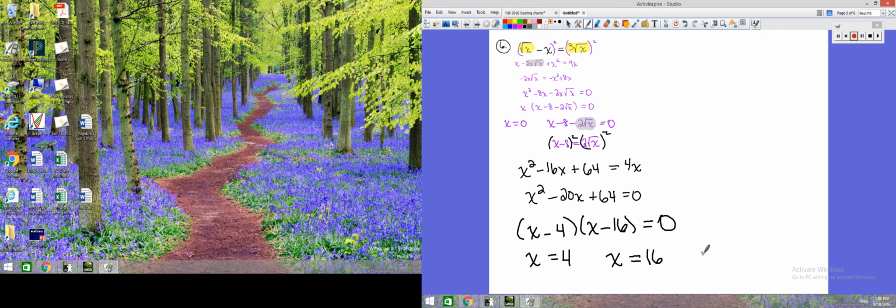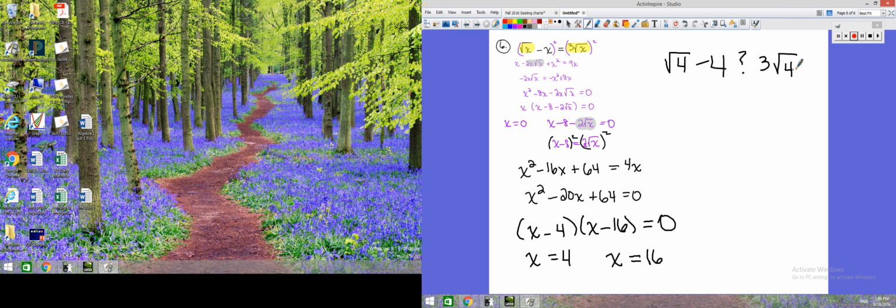I don't know if one of these is going to be extraneous or not. We come back up to the original equation, and on the left-hand side, I have the square root of 4, which is 2, and 2 minus 4 is a negative number. Well, right away, warning signs are going off, so let's write that out. On the left-hand side, square root of 4 minus 4. And the question is, will this evaluate to the same number that's on the right-hand side?